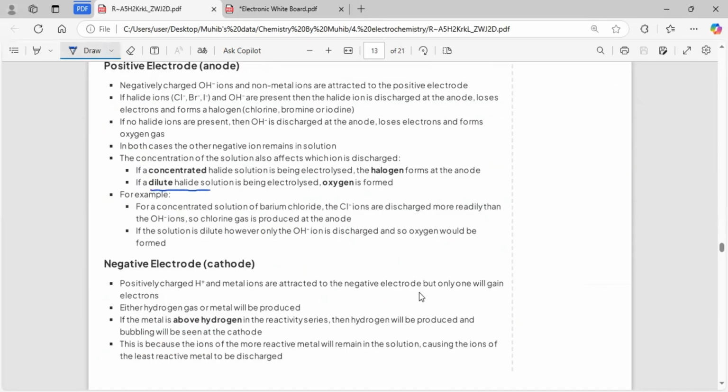If dilute halide solution is being electrolyzed, oxygen is produced. Is it clear? Because the number of hydroxide ions is greater. But for concentrated solution, for example in case of barium chloride, the chloride ion will be discharged more readily than hydroxide ion. Whereas in dilute solution, OH ion will be discharged.